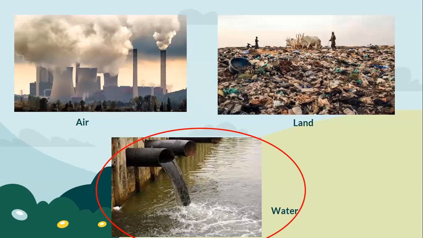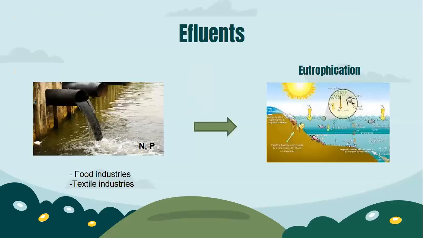On the other hand, we have the industries contaminating the waters due to the effluents that contain high amounts of nitrogen and phosphorus, which contaminate the bodies of water, causing eutrophication. That causes a decrease in oxygen and therefore the aquatic animals die.